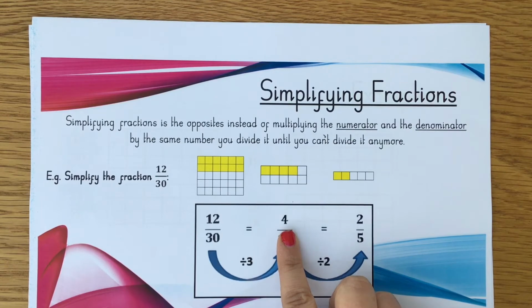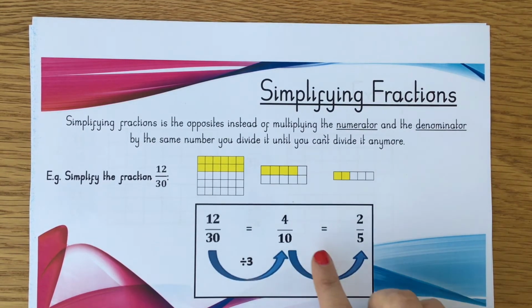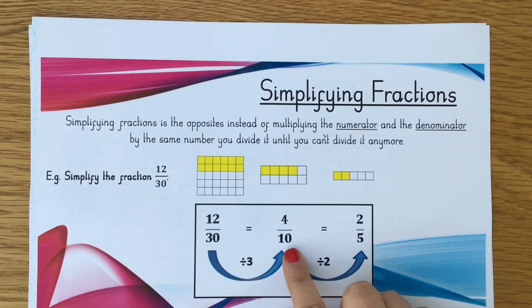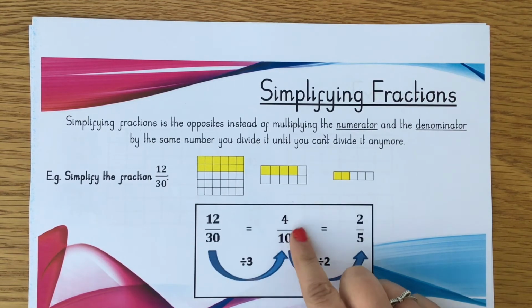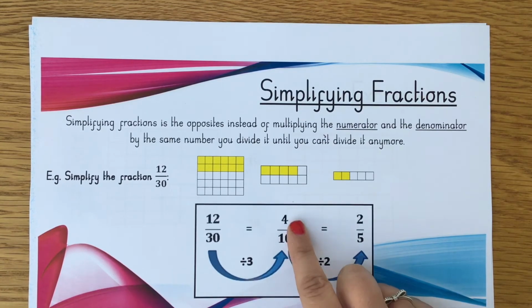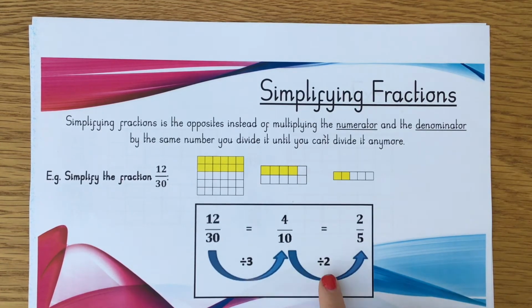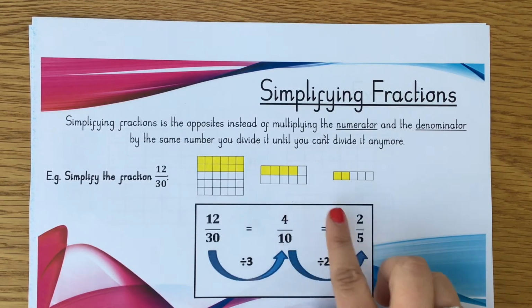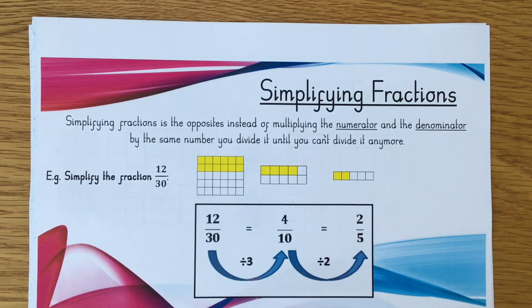So a simplified fraction to 12/30ths is 4/10. Now I know that I can make that fraction even smaller. There is a number that goes into both 4 and 10, and that is 2. So 10 divided by 2 is 5, and 4 divided by 2 is 2.